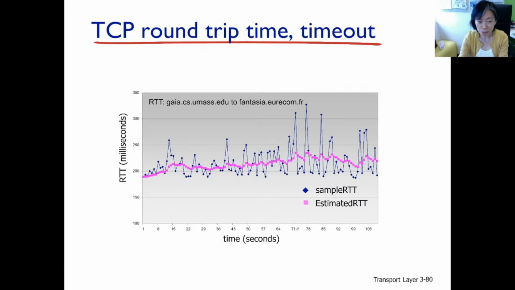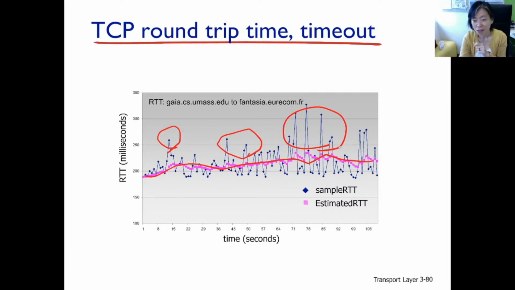Because you see these guys here, the round trip time is actually way longer than the timeout interval. So for all these, you will get premature timeouts. The estimated RTT is certainly not covering most of the round trip time observations. So there's more.